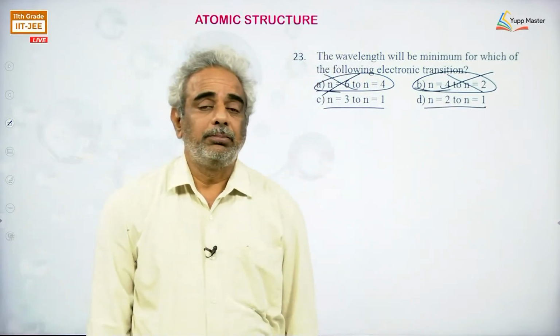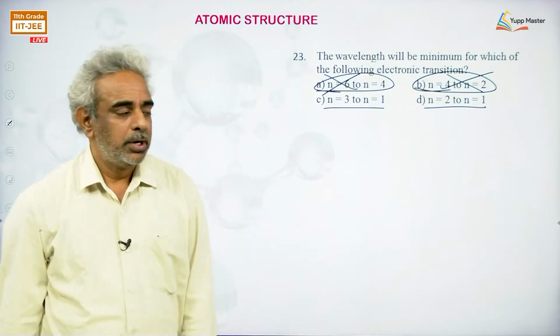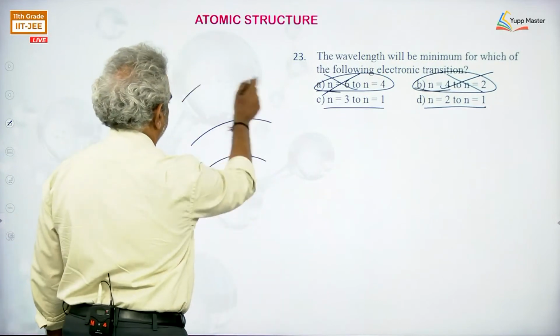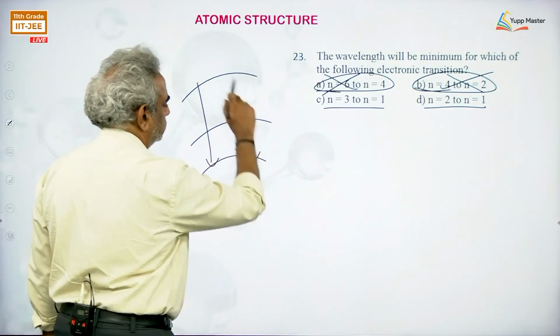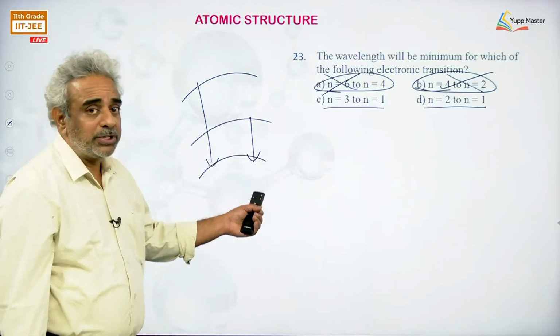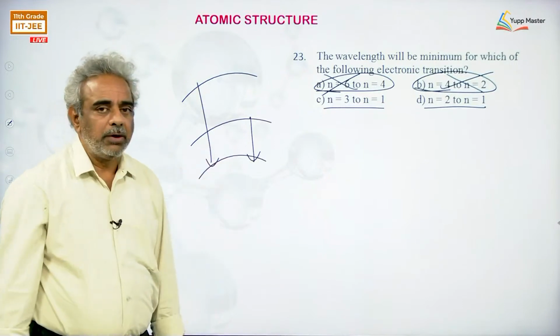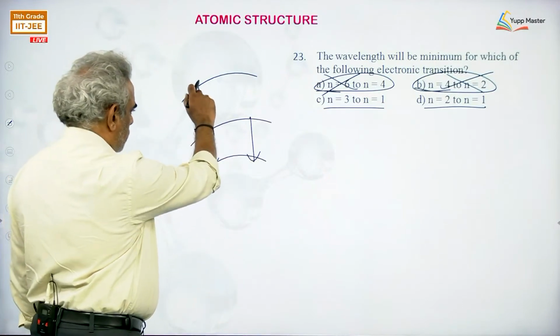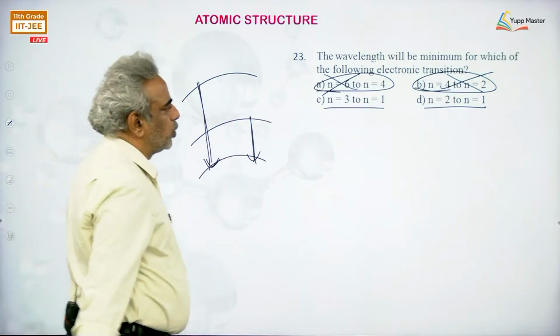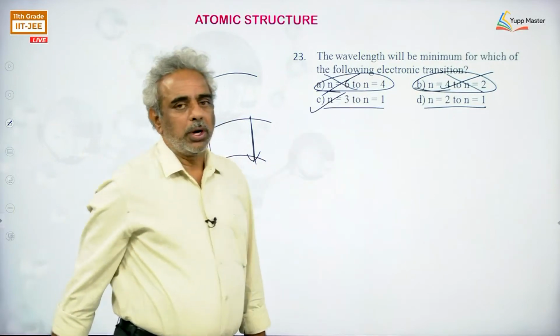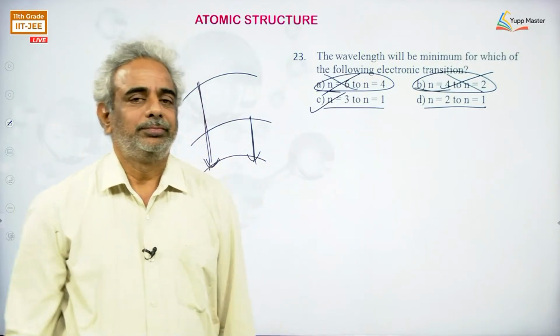Lower state is same, higher states are different. With both, lower state is 1, then you should check the gap. 3 to 1 will definitely involve more energy than this. So, 3 to 1 gives a photon of highest energy. Very simple.